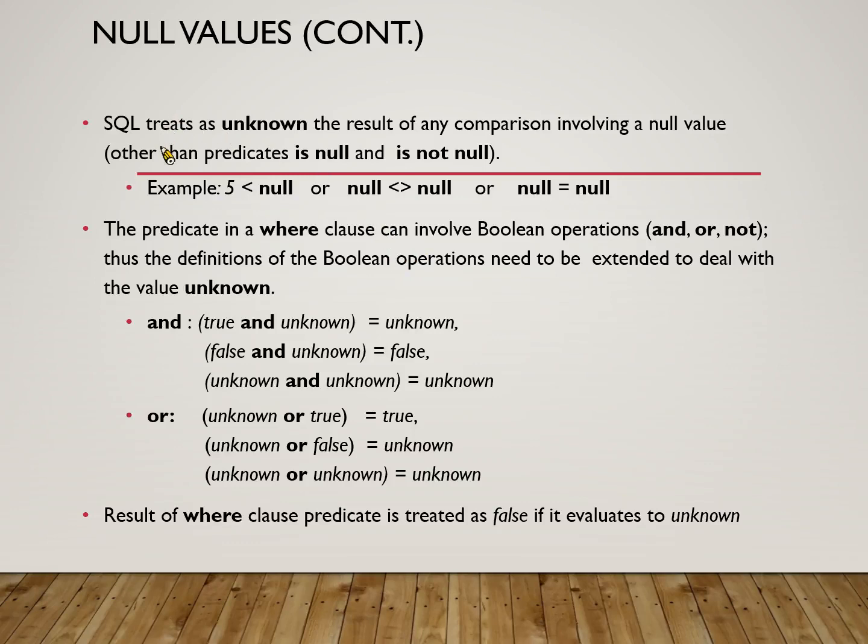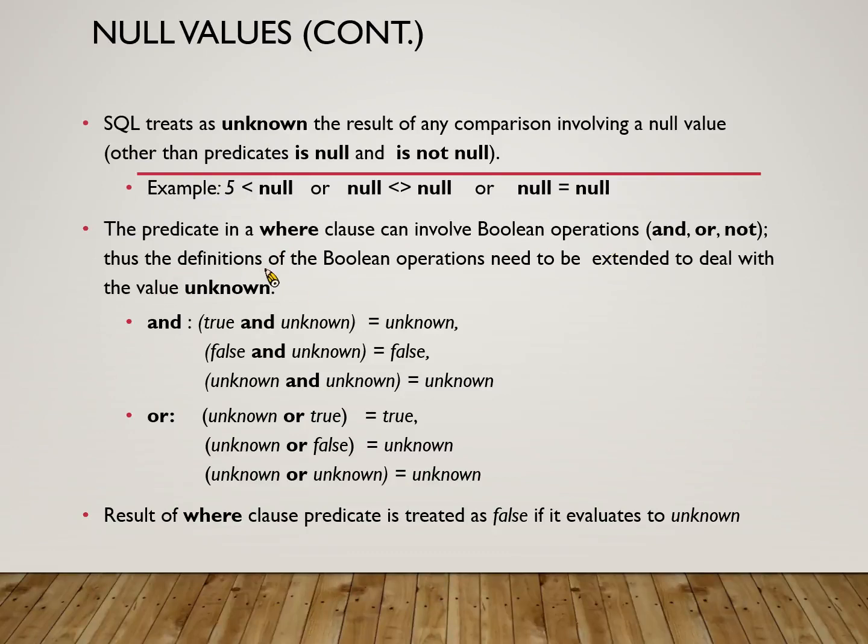So SQL treats as unknown the results of any comparison involving the null value, other than the predicates is null and is not null. For example, 5 less than null, or null not equal to null, or null equal to null.